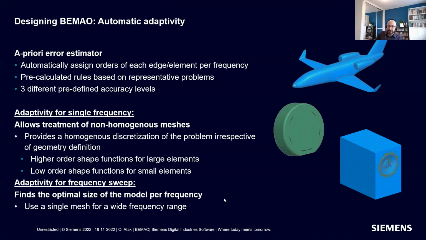Again, as Adrian talked about, it is heuristics. It is not a conservative error, but the problems that we are seeing, both from the FMAO side and the BEMAO side, which I will also show a bit later on, all indicate that we can still be quite accurate with these approaches, and we see that it actually works.